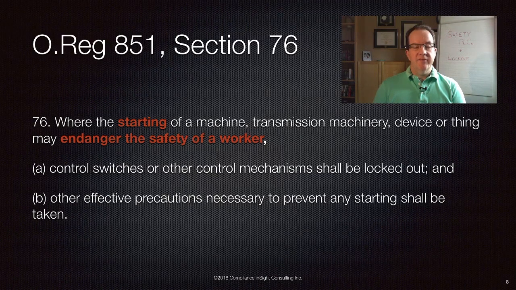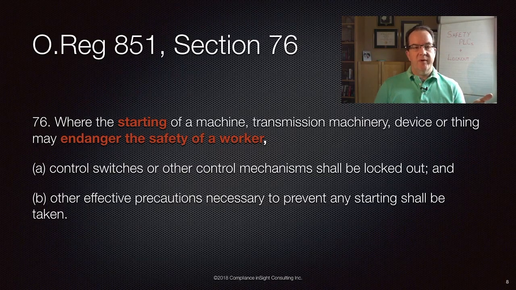So if that's the case, then we need to follow A, control switches or other control mechanisms shall be locked out, or B, other effective precautions necessary to prevent any starting shall be taken. So here's where we start to have some difficulty, because the text of the regulation and the way it's applied in practice sometimes differs.